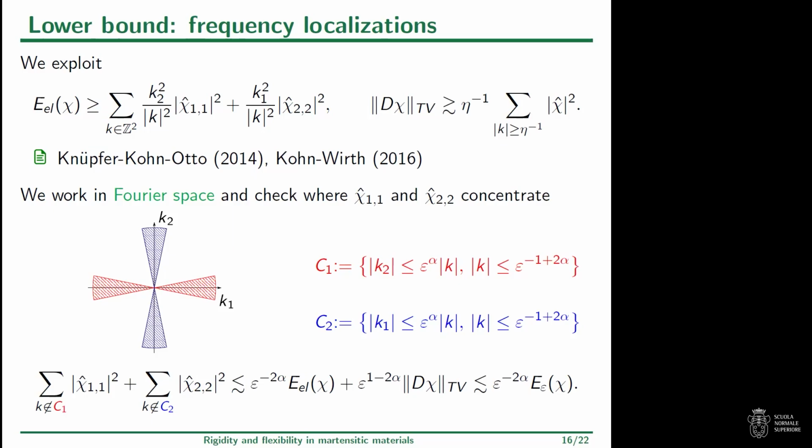And by this, we have something that starts to resemble the estimate that we want to get. We have that the L2 mass of our components of chi outside these cones is controlled by the energy. Of course, if now C1 and C2 are empty or contain only the origin, then we would be done, okay? Because if they contain only the origin, then this sum becomes just the L2 norm of chi1 when you subtract the average, okay?